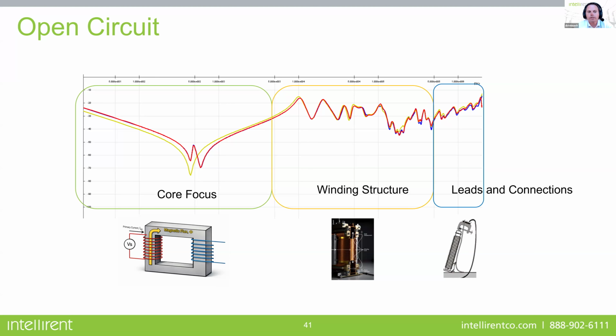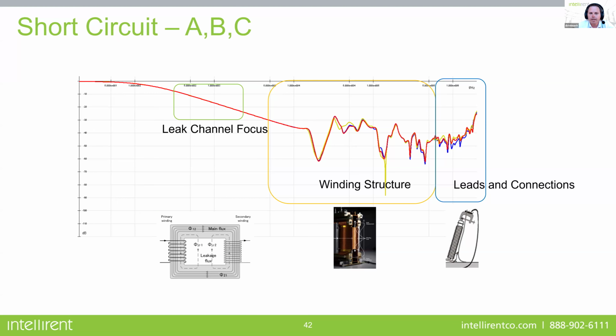And your 60 hertz should align exactly with the same pattern as your exciting current test results. Your 60 hertz is two highs and a low, and we have two highs and a low here. As it goes up in frequency, it will look at different parts of the transformer: your winding structure, leads, and then connections as well.